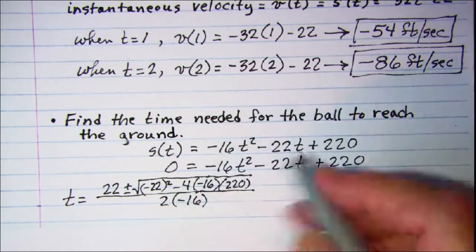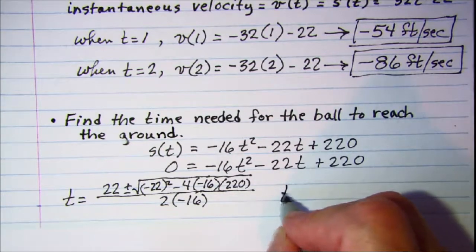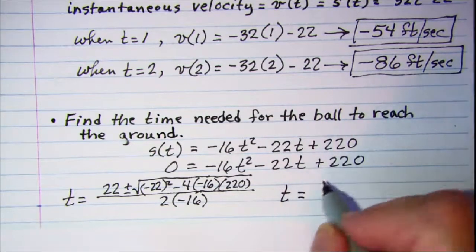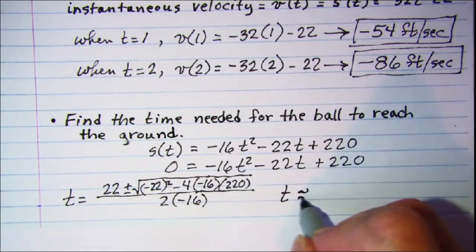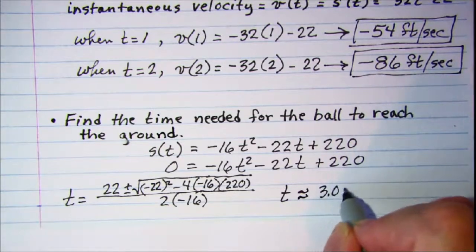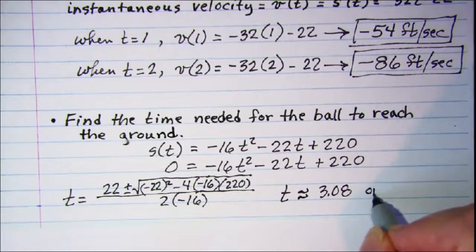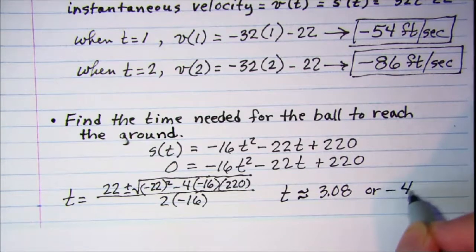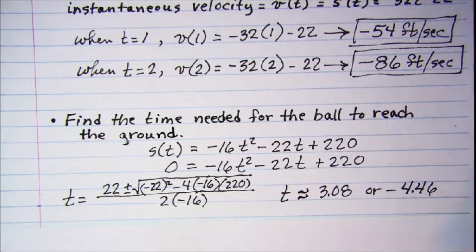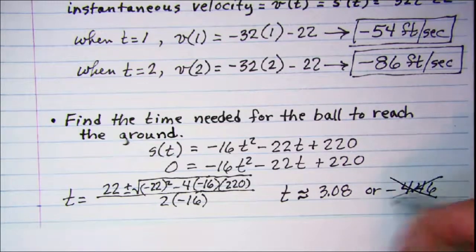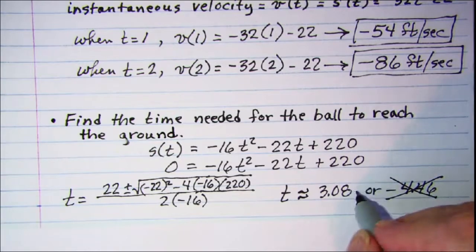When we do the math here, we get two values for t. We have t is approximately 3.08 or a negative 4.46. Now we can't have a negative time, so we're not going to use this value, but we'll have 3.08 seconds.